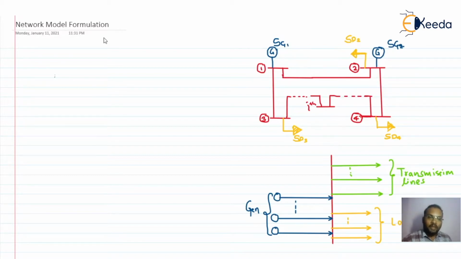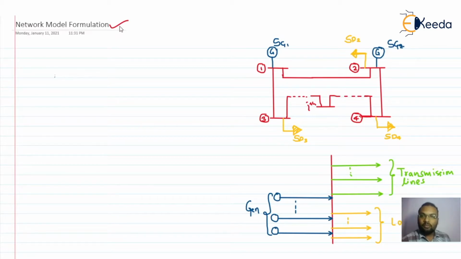Now if I take the practical power system as it is, to solve the load flow problem it will be very difficult. That is why we go for network model formulation.